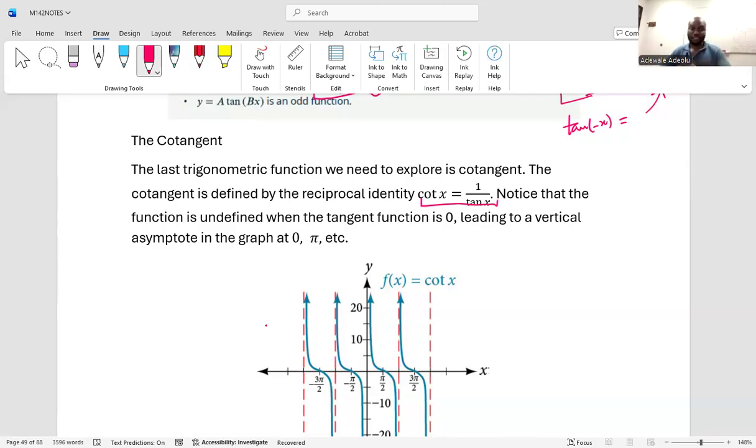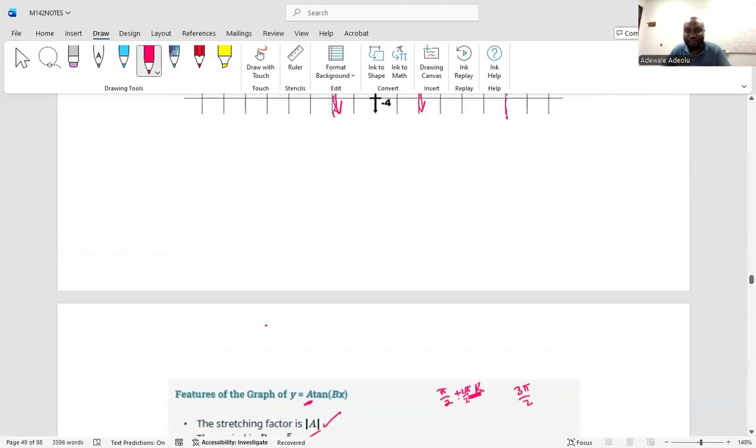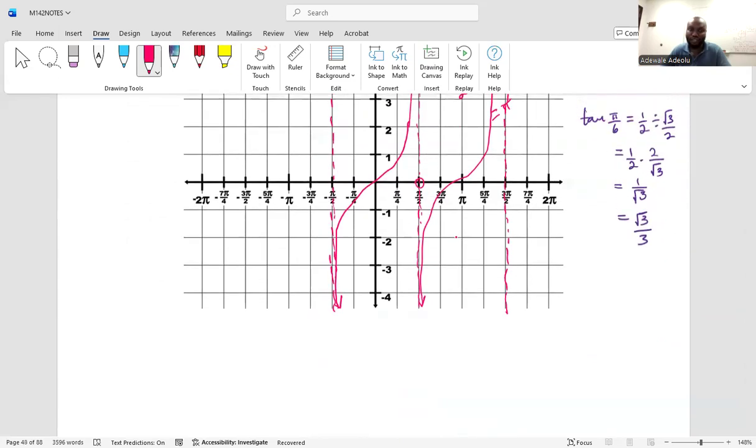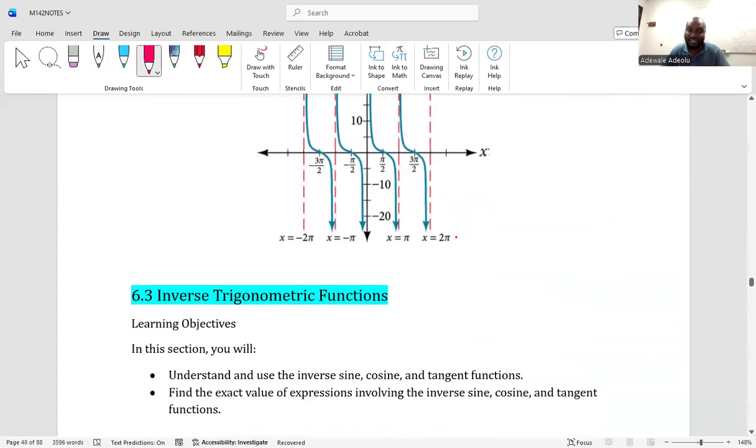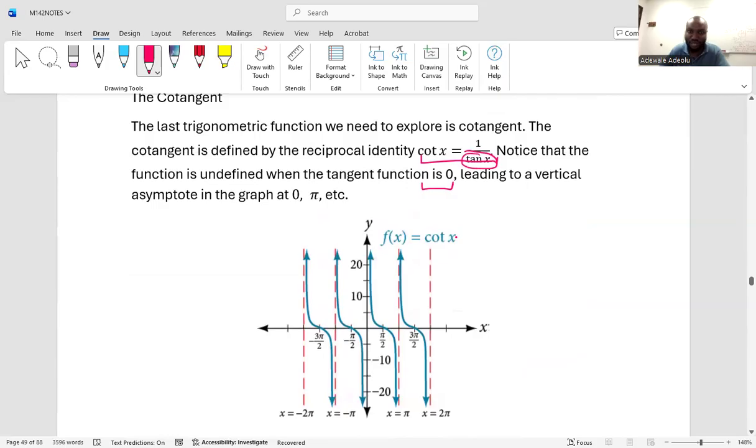And again, the function is undefined when the tangent function is 0 because we cannot divide by 0. So again, the question is, when do we have tangent function being 0? Well, we have tangent function being 0 here, we have tangent function being 0 at pi, and so on. So those points become asymptotes for cotangent. So that is why we have asymptotes here.